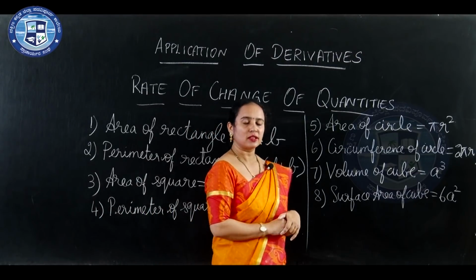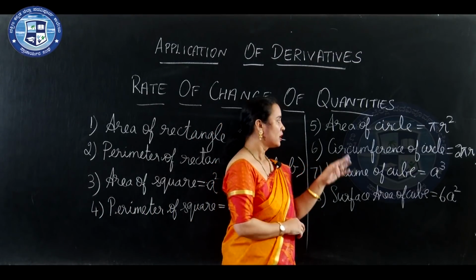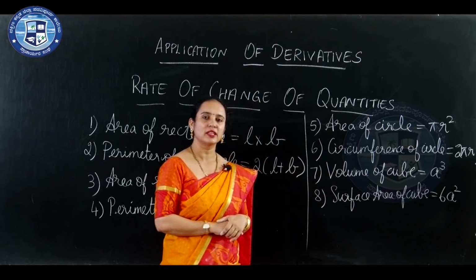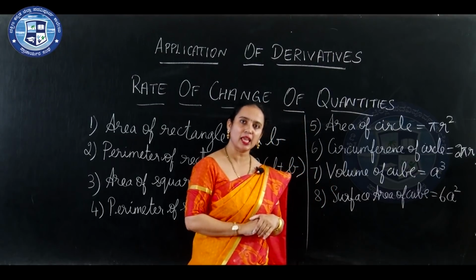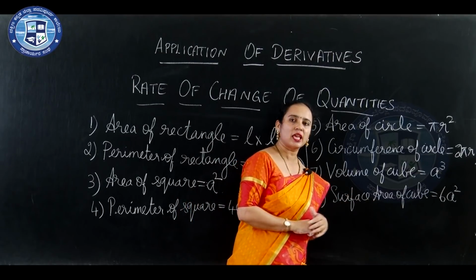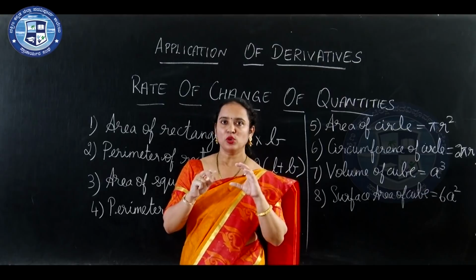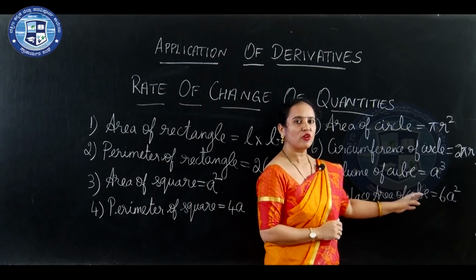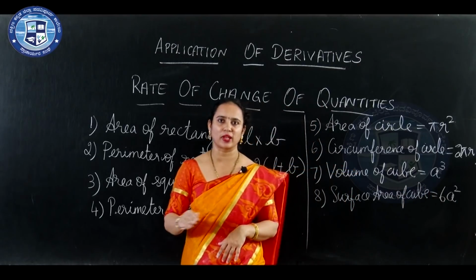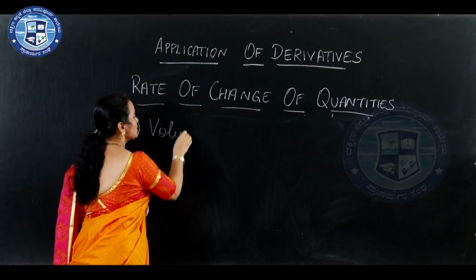Area of a circle is pi r square. Circumference of a circle is 2 pi r. Volume of a cube is A cube. Surface area of a cube: a cube has 6 square faces, so surface area of a cube is 6A square.